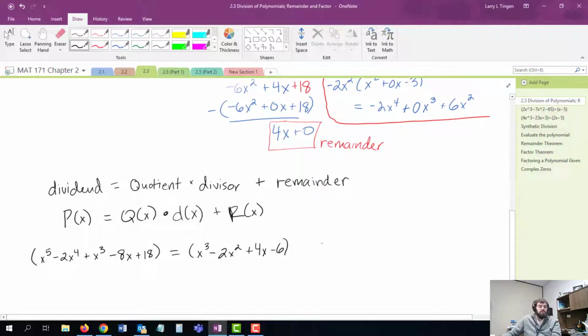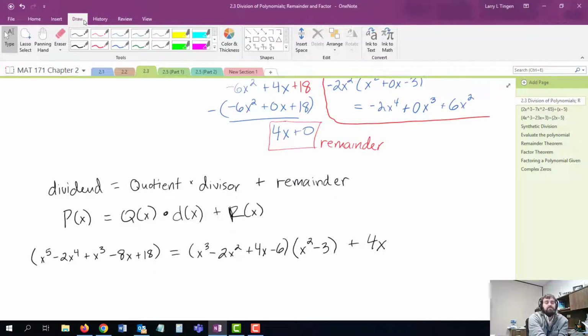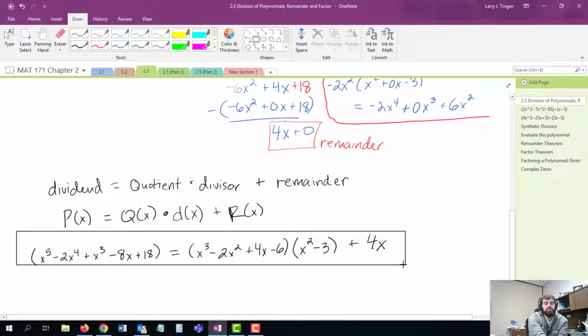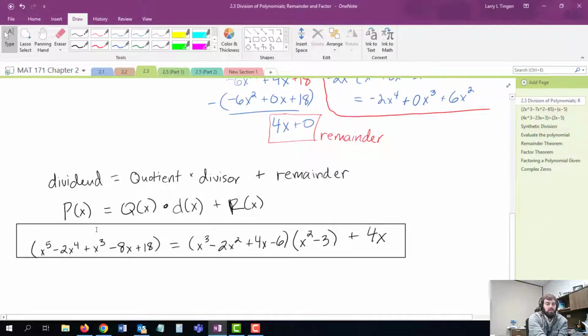So there's the quotient. And then the divisor was what I divided by, which was x squared minus 3. And then plus, and what's the remainder? The remainder is 4x. And this is the result. I now know that the polynomial p can be rewritten as q times d plus r.